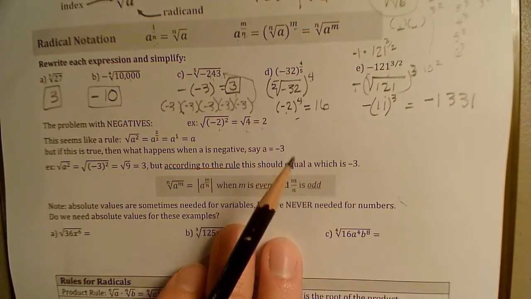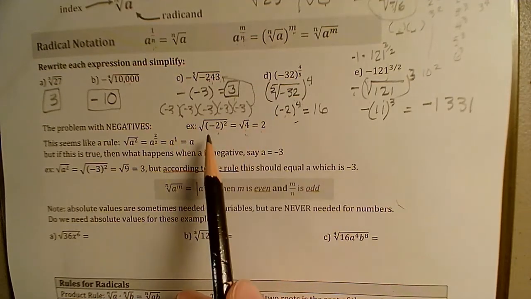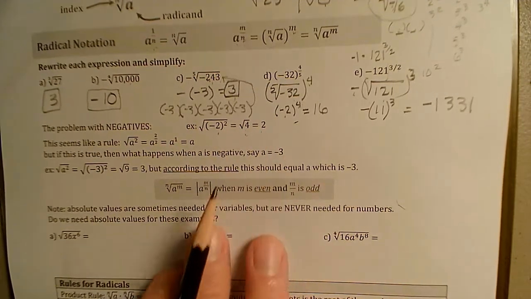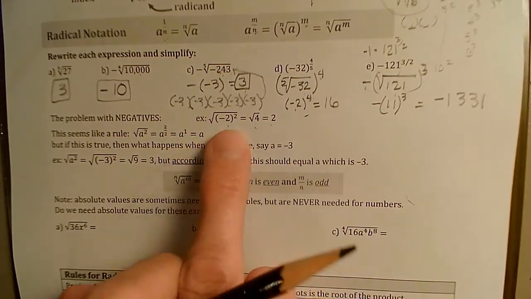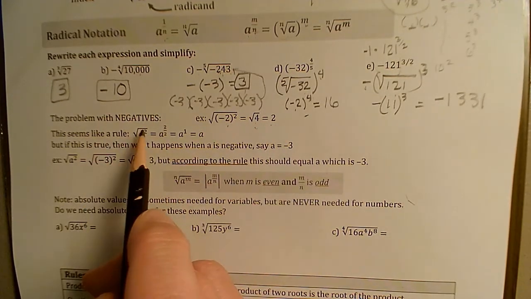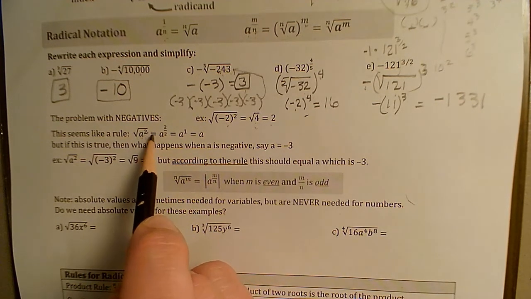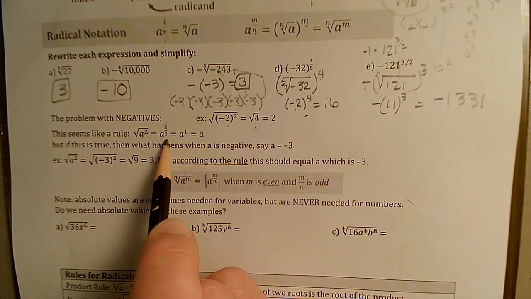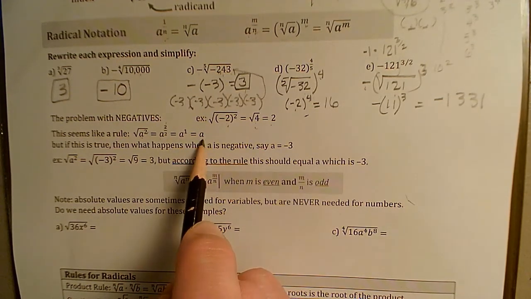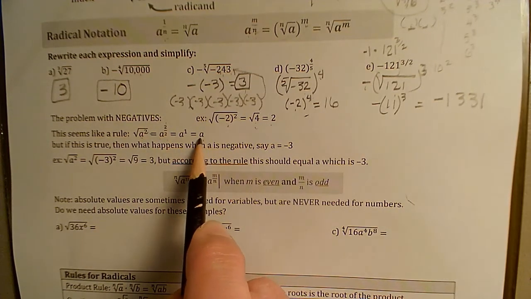This isn't a problem when we have numbers, but when we deal with variables, it is. It's the same thing as down here: the square root of a squared. We think of that as a to the 2 over 2, which is a to the 1, which is a. So the square root of a squared is just equal to a.